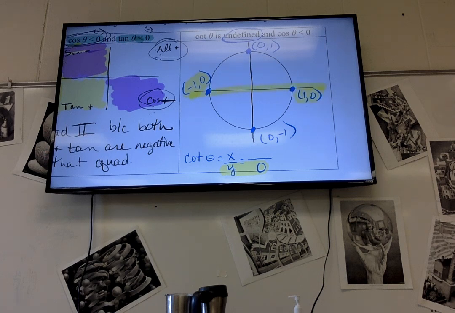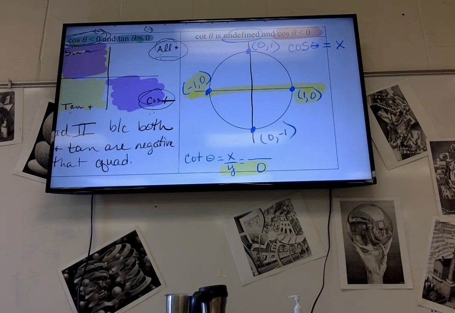So to figure out which side of the x-axis, I use the second part. The second part says, where is cosine less than 0? So that means where's cosine negative? Well, if you look it up, cosine is equal to the x-coordinate. So the x-coordinate has to be negative.